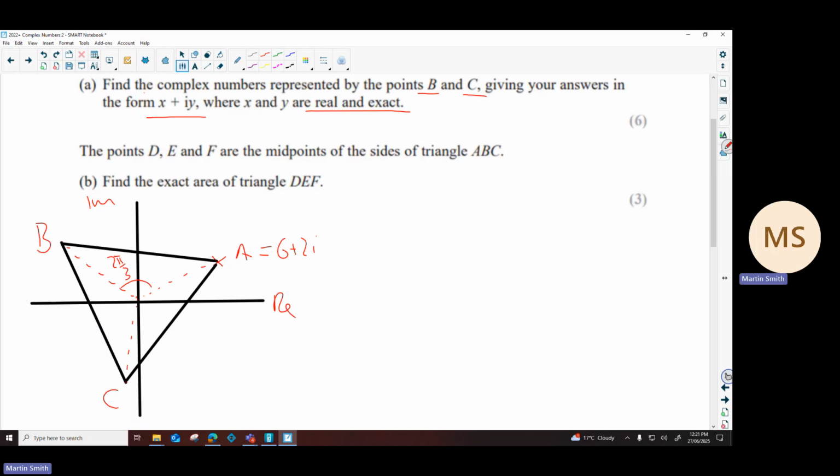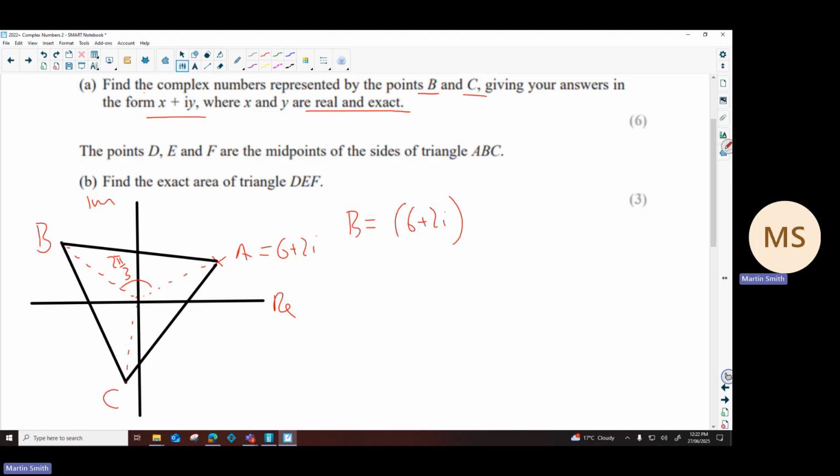So consequently, to get from A to B, I need to rotate anti-clockwise by 2 pi over 3 radians. I need to multiply by a complex number whose modulus is 1 and whose argument is 2 pi over 3 radians. So consequently, B is the following complex number.